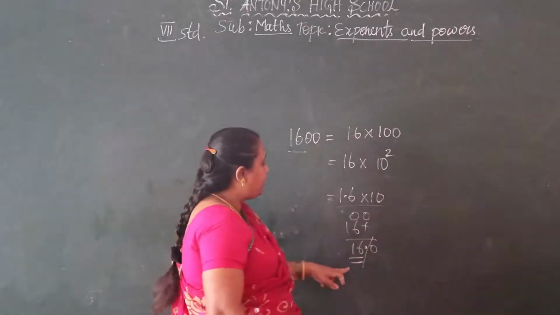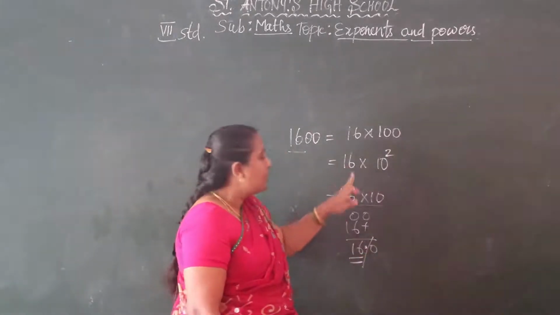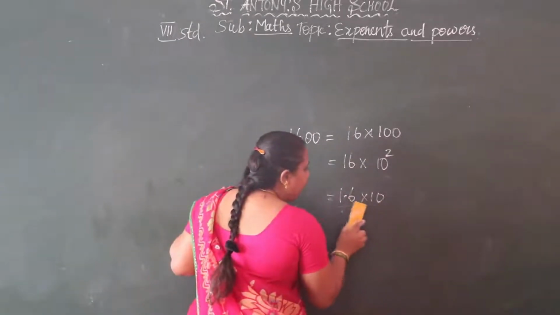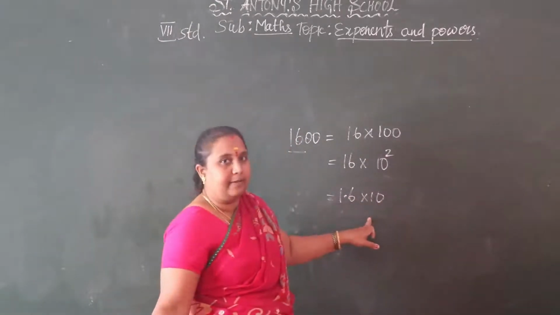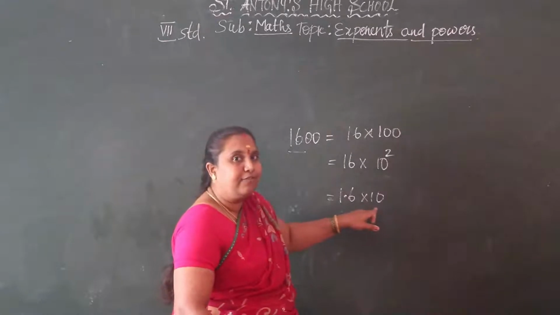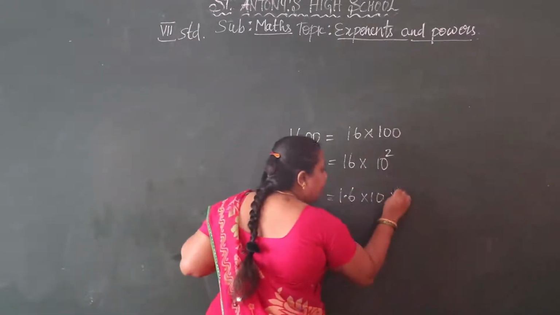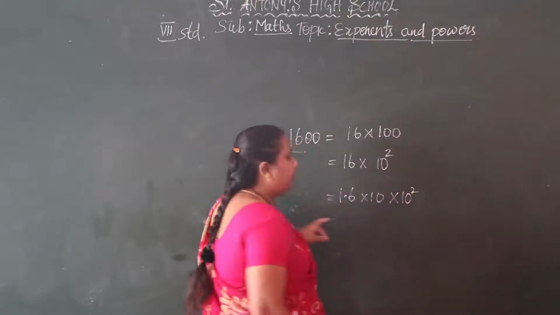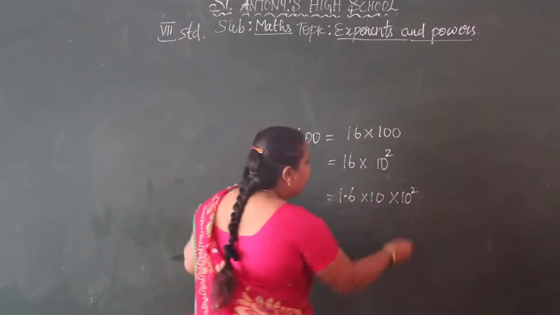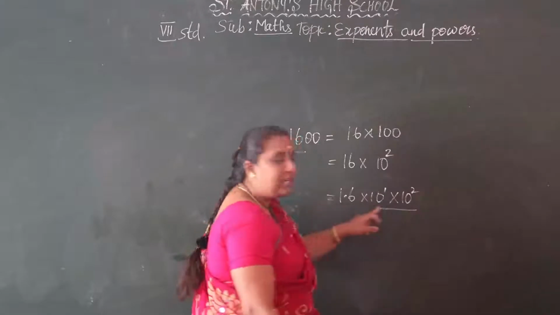Now we have this answer 16. So we write this as 1.6 into 10. This is a short form of 16. Into this 10 square is there, no? So this is 10 power 1, understood.